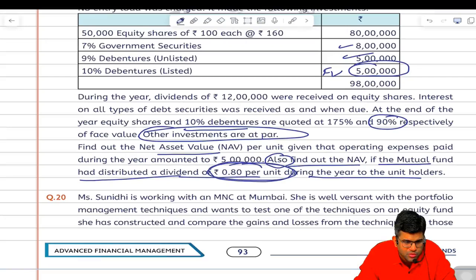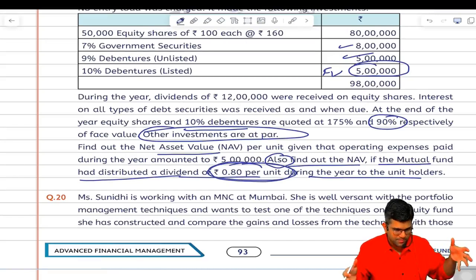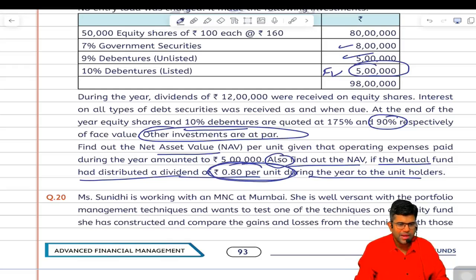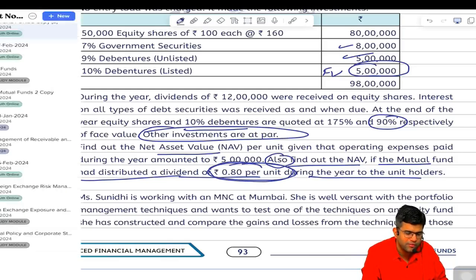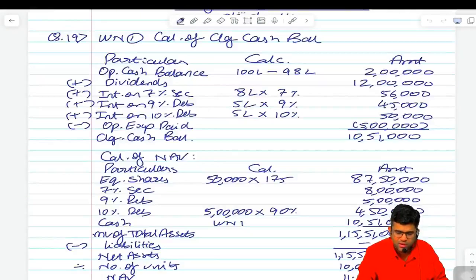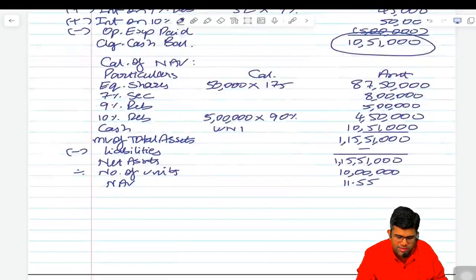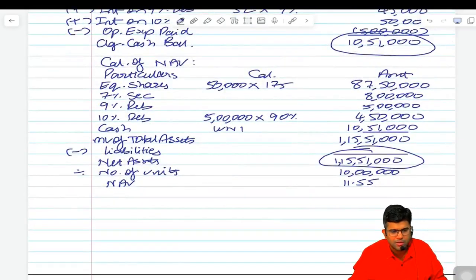0.8 per unit means your total dividend will be 8 lakh rupees, because you have 10 lakh units into 0.8, meaning 8 lakh rupees you will have to give as dividends. If you are going to give 8 lakh rupees as dividends, your cash balance will come down by 8 lakh rupees. If your cash balance comes down by 8 lakh rupees, net assets will come down by 8 lakh rupees. And accordingly, we have to recalculate the NAV. Are you all able to understand?